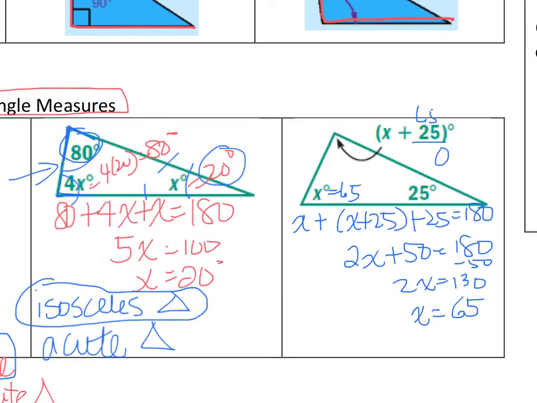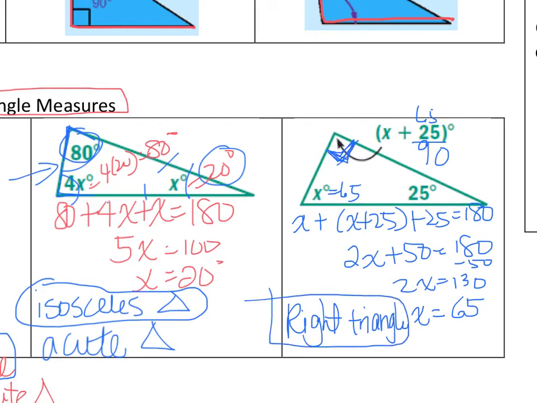Oh, this is a right triangle. So we can say this is a right triangle. You want the most specific name possible. So if it's not equilateral, it's not isosceles, it's not scalene, then you have one more name for it, the right triangle. And since this is a 90-degree angle, it can't be an acute triangle, and it can't be an obtuse triangle.